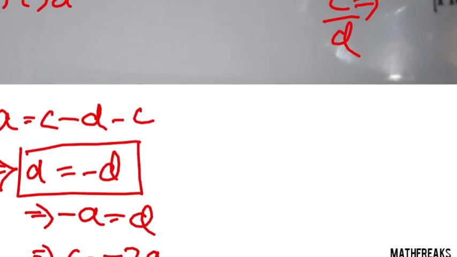Okay, see, we have to find, there is one c by d. So what was c? c was equal to minus 2a and d was equal to minus a, right?